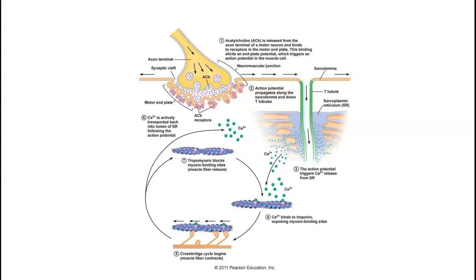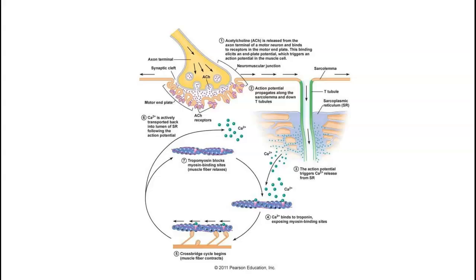So when acetylcholine binds to those receptors, it opens up sodium ion channels, and now we're generating that action potential. That impulse is going to travel along the sarcolemma. Thanks to those T tubules, now it's going to flow into the cell, zaps that sarcoplasmic reticulum. Now the sarcoplasmic reticulum releases calcium.